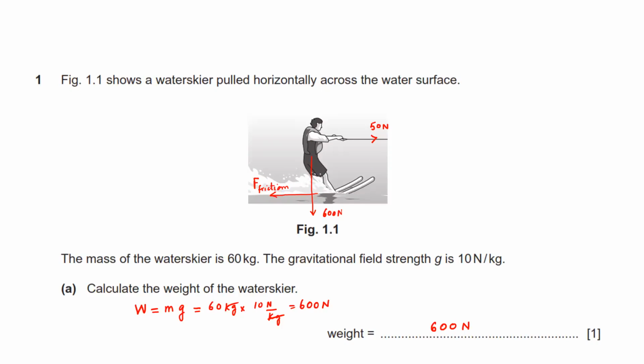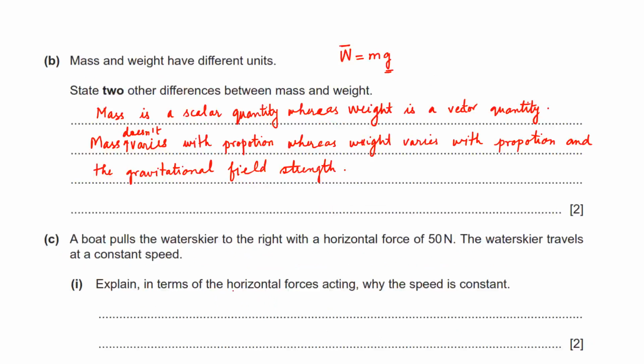Okay, so this is the overall situation over here. So now this water skier is moving with a constant speed. So explain in terms of horizontal forces acting, why the speed is constant. So we saw that the horizontal force, the forward acting force, I call it F forward, was equal to 50 newtons.